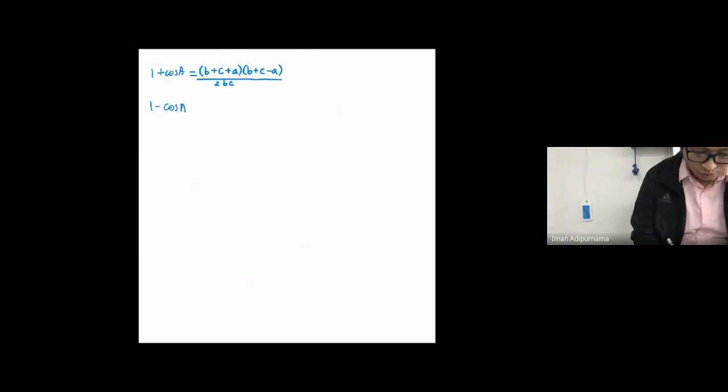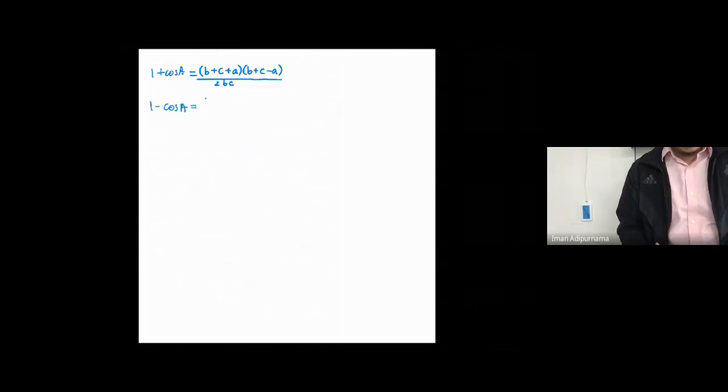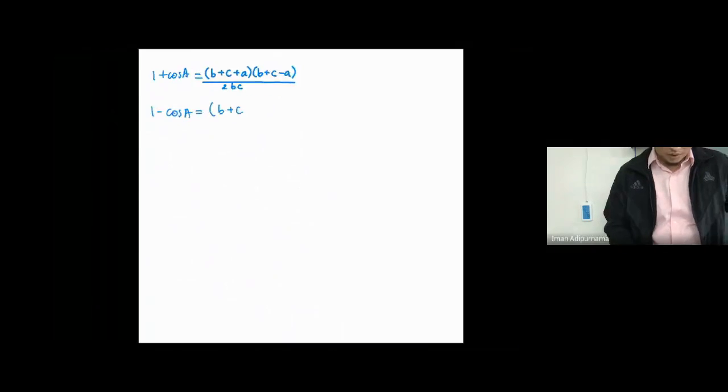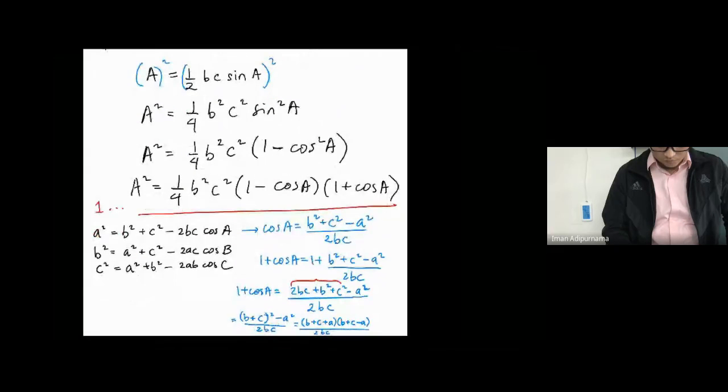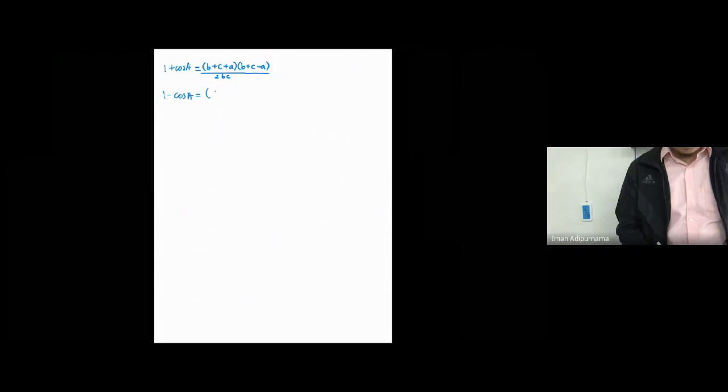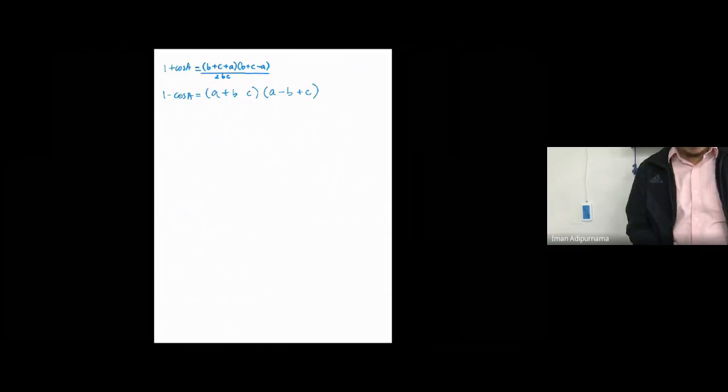So 1 minus cos A will be, wait, should be a plus b minus c and a minus b plus c. Oh no, this should be a minus.